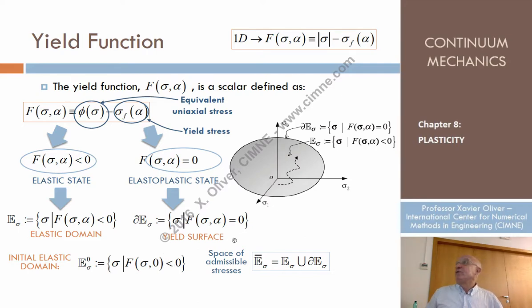And on the other hand, when alpha increases, that domain expands, and then we have an elastic domain that is now different from the initial one, and we have an admissible stress space, which is made by the interior plus the boundary. So the elastic domain plus the elastoplastic domain. Okay? So this is a straightforward generalization of what we did in 1D cases.